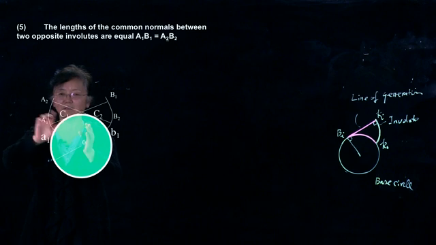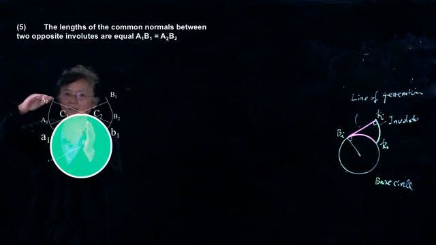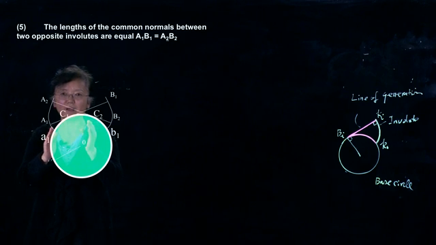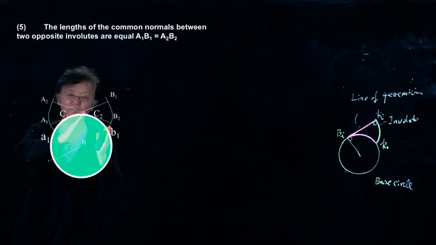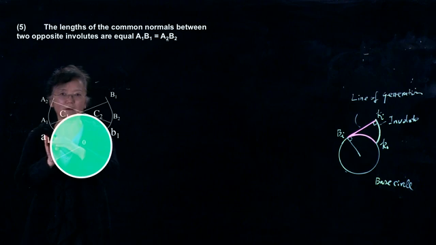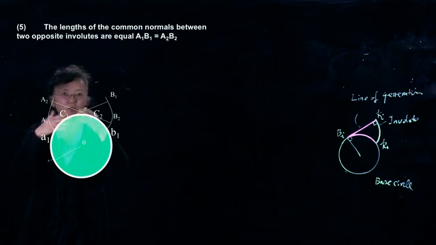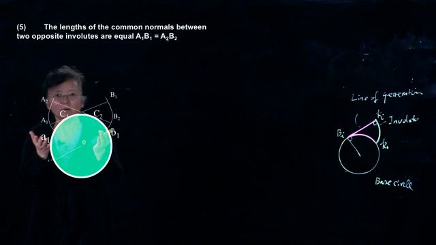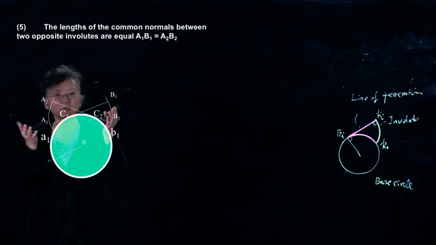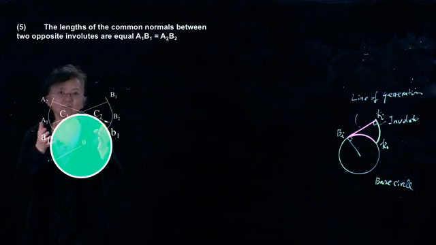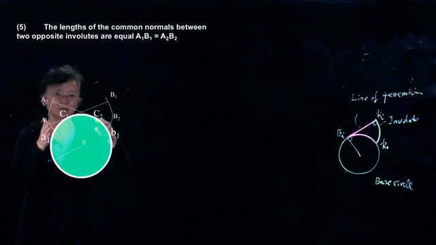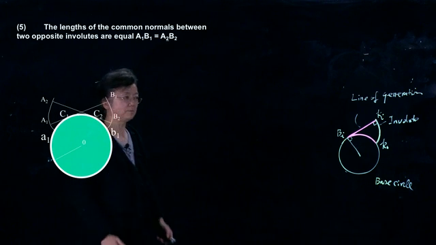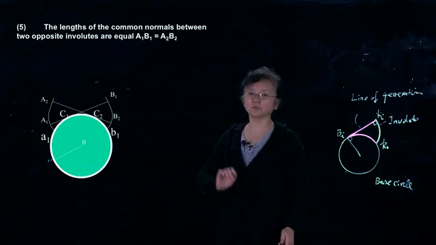On the other side, the straight line equals the arc length over here. All right, so we add the two straight lines. What do we get? We get arc length A and B. So we can do the same thing for A1 and B1. They have to equal the same arc length. So therefore, any of those common normals must be the same length. Okay, very easy to prove.